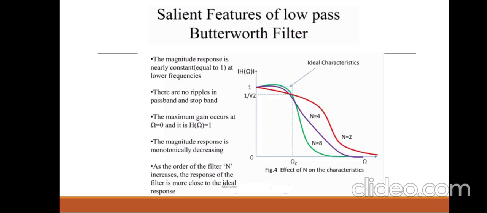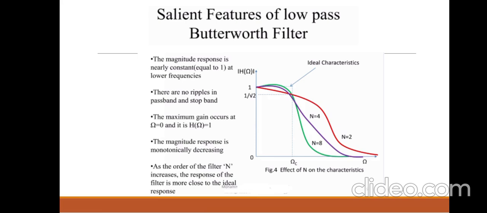Now we will discuss some features of the Butterworth low pass filter. The magnitude response of the Butterworth low pass filter is shown in the diagram. As we can see, the maximum magnitude of the Butterworth filter is set to 1, and Ωc is the cutoff frequency, and we can see different color characteristics depending upon the order of the filter.